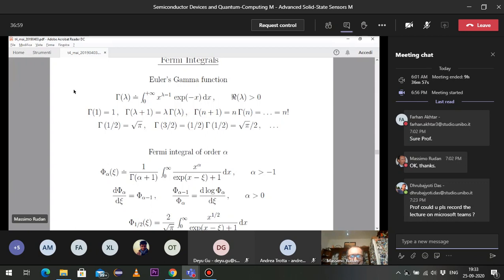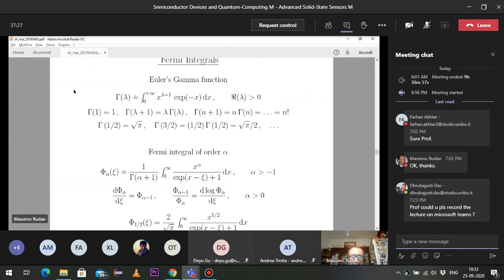The Euler gamma function is defined, as you can see in the first line. So gamma of some parameter lambda, by definition, is the integral between 0 and infinity of x to the power lambda minus 1 times the exponential of minus x integrated over x.